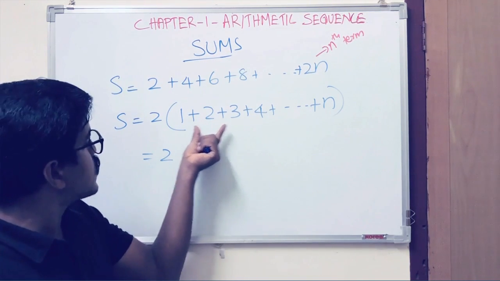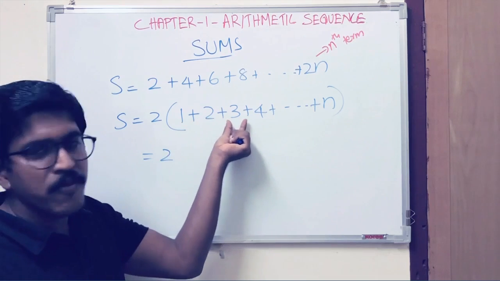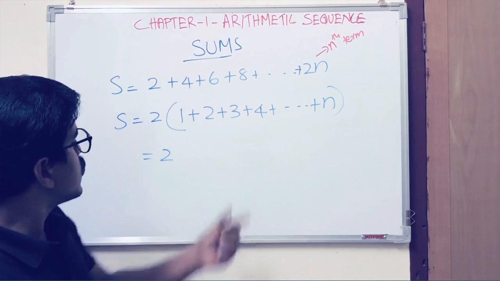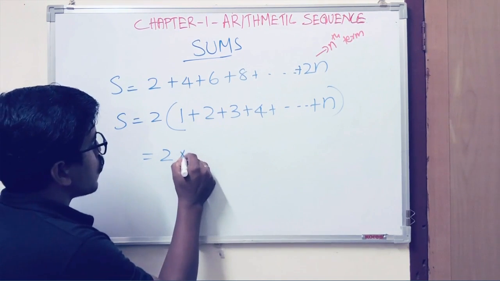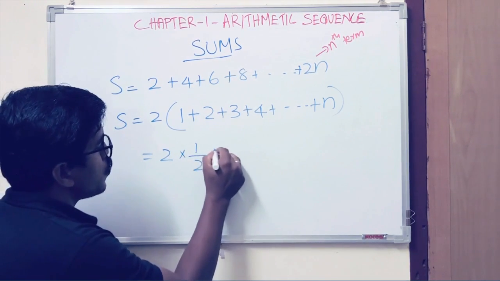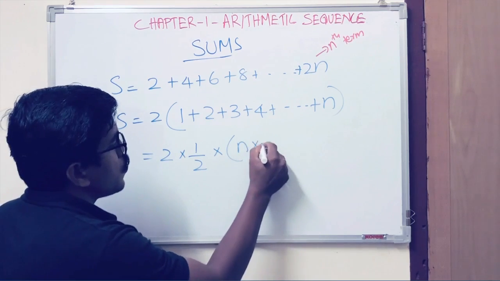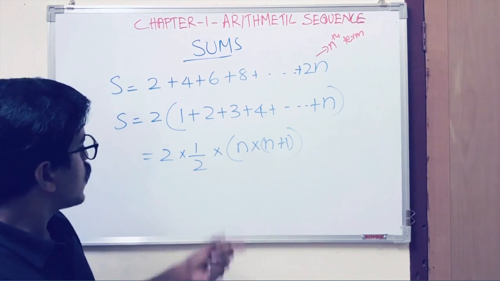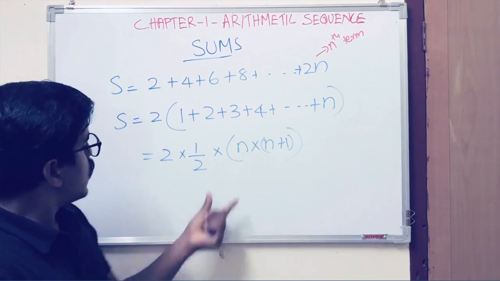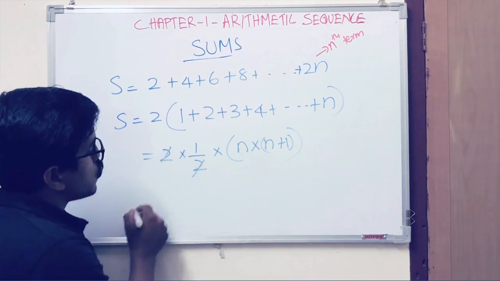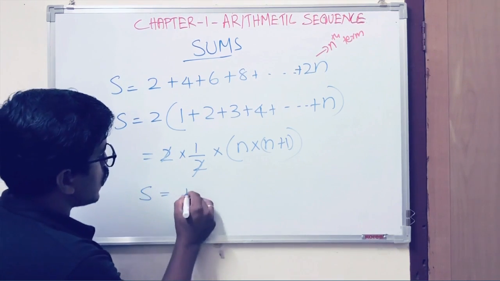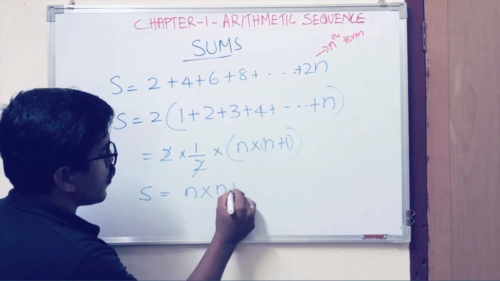The sum of n terms of natural numbers starting from 1 we can write as 1 by 2 into n into n plus 1. This we already studied. Now we can cancel these two. The balance is n into n plus 1.